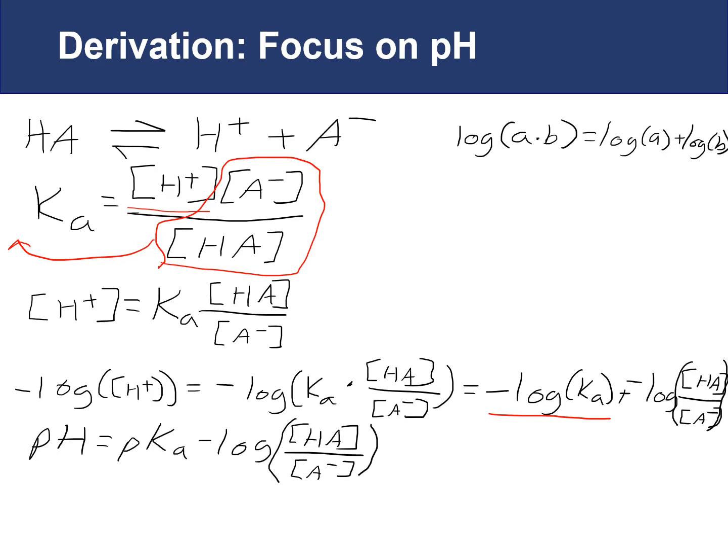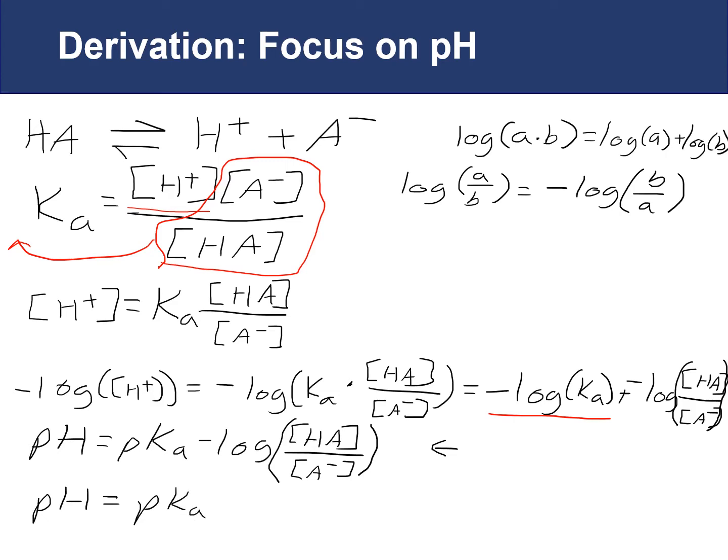A more common one uses a different rule for logs, where the log of a ratio, A over B, is equal to the negative of the log of the ratio inverted, B over A. If we apply that, then the pH is equal to the pKa minus the negative log, or plus the log, of the concentration of A minus over the concentration of the acidic form.